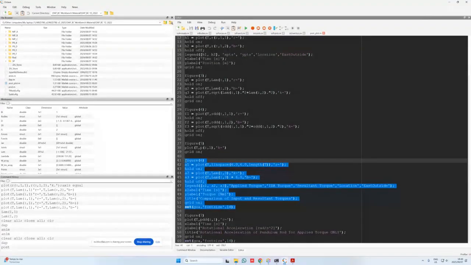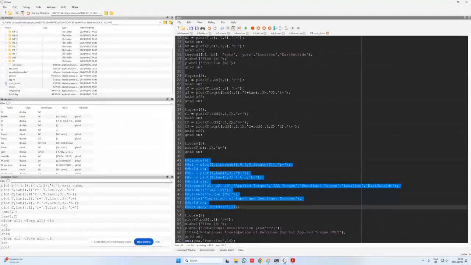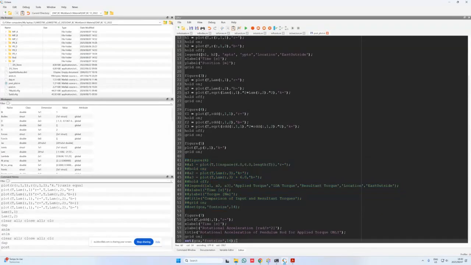These things we're going to look at for PR_E in just a moment. And then lastly, figure 7 is the angular acceleration as a function of time. This is one of the important things that we want to look at: what happens to the angular acceleration if I assume that a constant torque simply acts on the system?